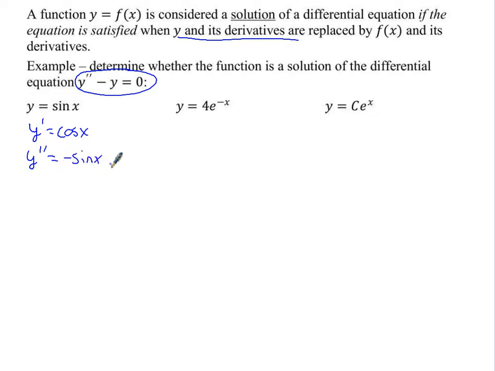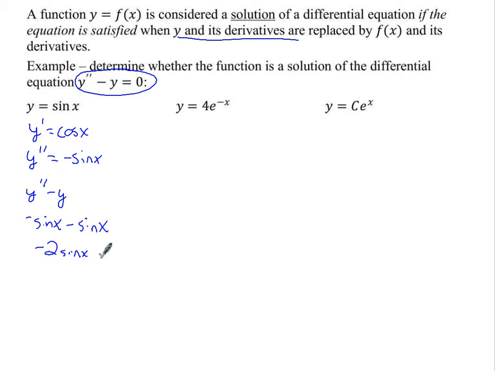Okay, so now we have y double prime and y, which means we can substitute them into this situation here and see if we get 0. So I'm going to write y double prime minus y, which is negative sine x minus sine x, which is negative 2 sine x. We're trying to see if we wind up with 0. Then it satisfies the differential equation if we get 0.